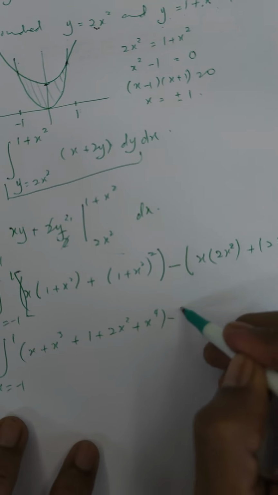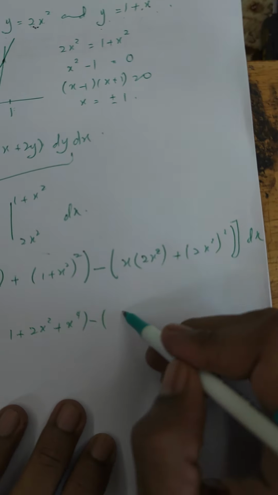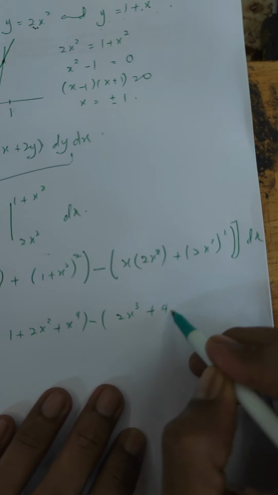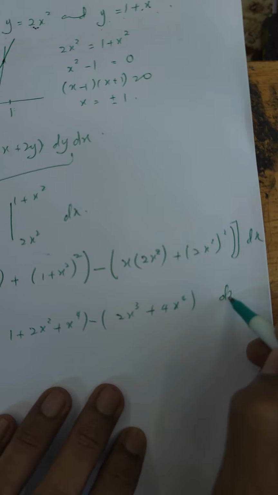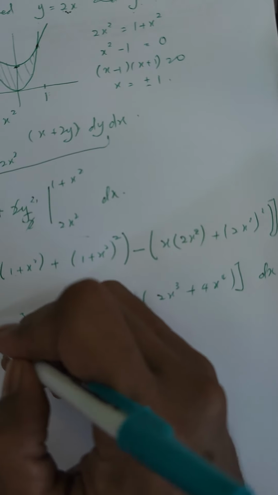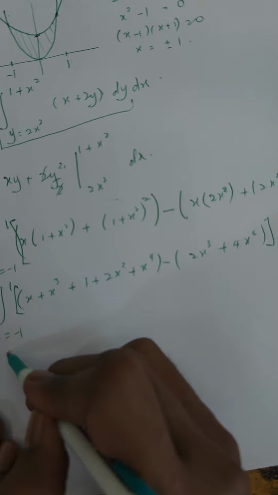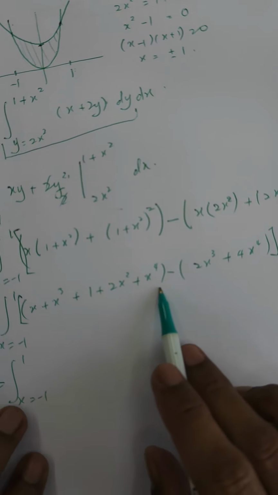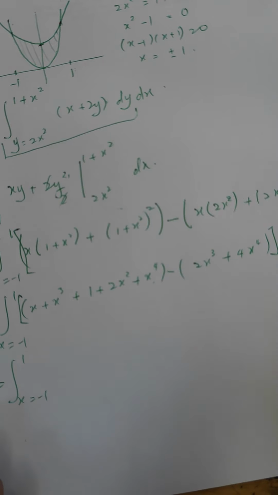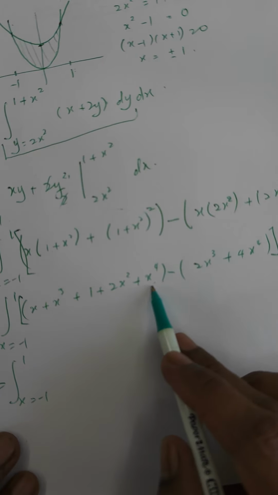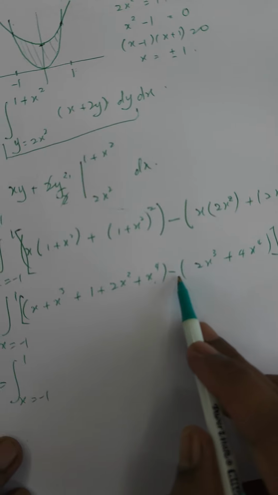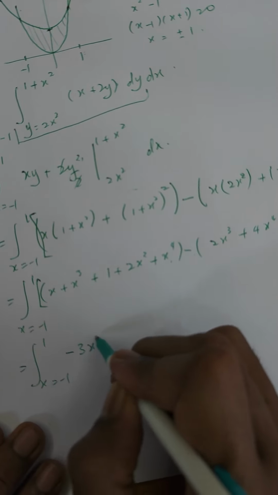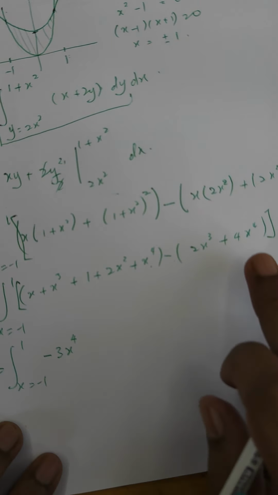That's one part. The second part here, you have 2x cubed plus 4x to the fourth, dx. Then simplify those, from minus 1 to 1. I rearrange those things, taking the bigger power on the left. So x squared here and minus 4x squared, so we have minus 3x to the fourth.